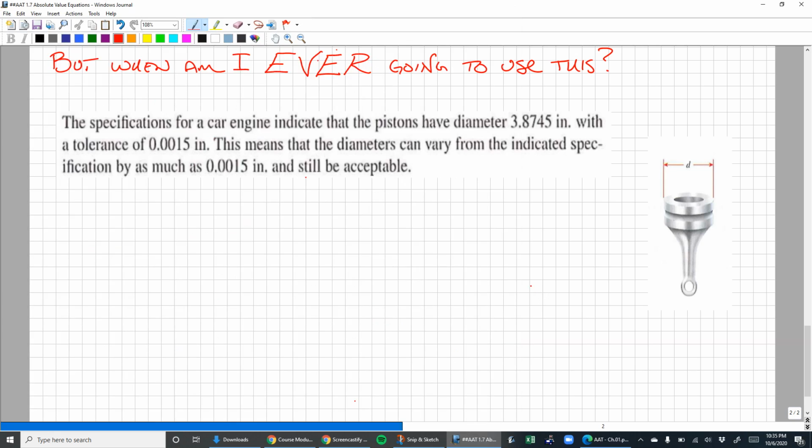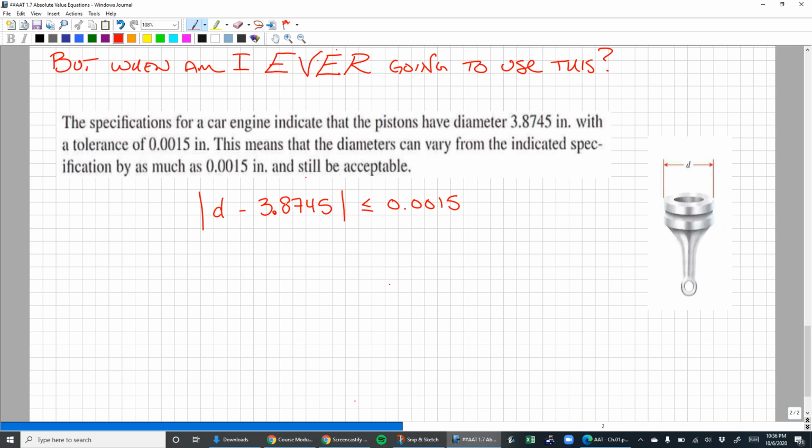And so what we realize here is that if d is the diameter that we have right there, minus 3.8745, if I take the absolute value of that, it has to be less than or equal to 0.0015.